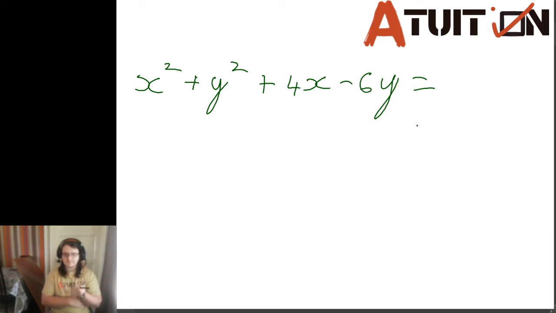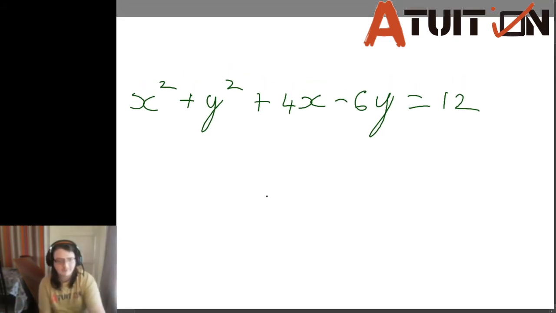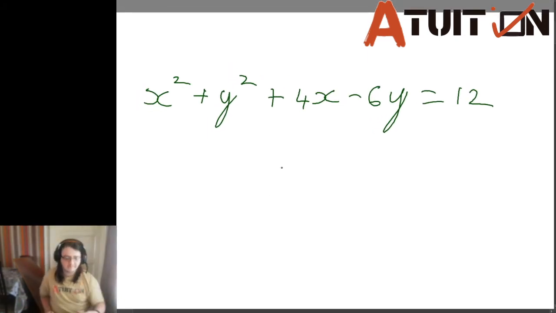Add that on. Alright, so 12, that'll work. I'm aware 12 is not a square number, but it will be by magic, hopefully, if I've done that correctly. So what we're going to do with this equation is find out what it is.